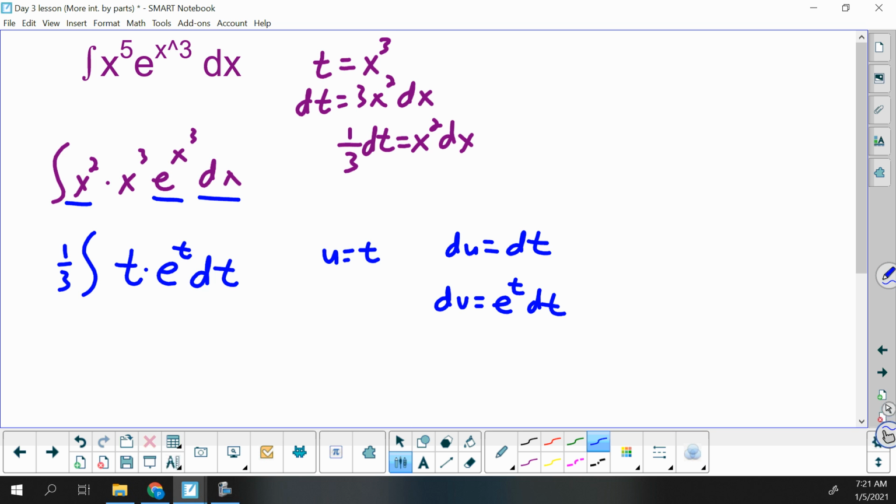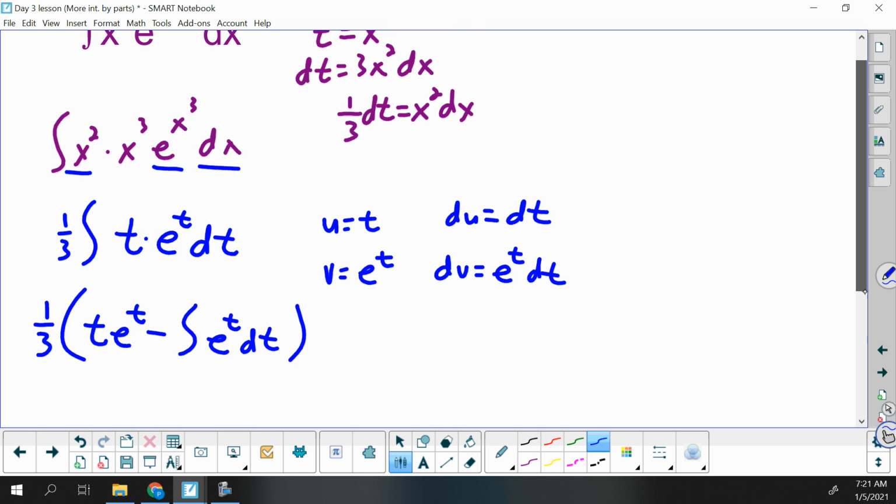And then the antiderivative of e to the t for v is just e to the t. So this is going to be 1/3, and I'm just going to throw a parenthesis, and we'll worry about the 1/3 in a second. We'll have our uv, so we'll have t e to the t, minus the integral of v du, so that's just minus the integral of e to the t dt.